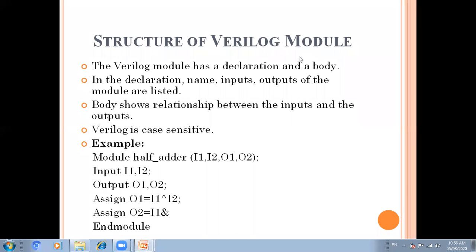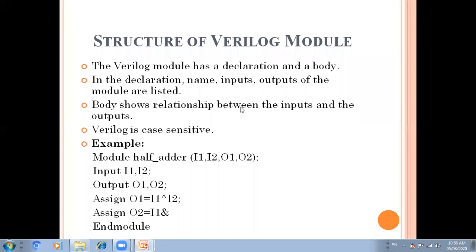So what is the structure of a Verilog module? Whenever we have to represent any digital circuit, we know how it's structured, right? Comparatively, in VHDL, we know there are different primary design units. We can implement any digital system with VHDL code, but we have to follow some design constructs like entity declaration, package declaration, configuration declaration, and architecture body.